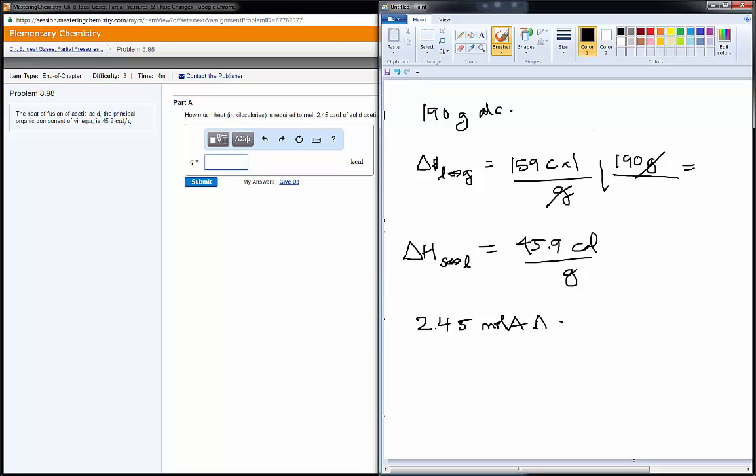Moles of acetic acid. And we need to go from grams per mole. So acetic acid is this acetate with hydrogen that makes it an acid.